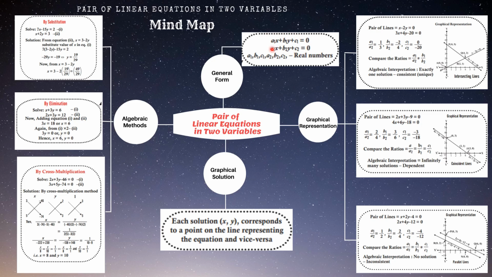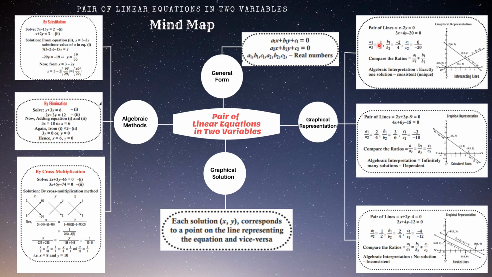If we take the ratios of just their coefficients, a1 upon a2, b1 upon b2 and c1 upon c2, based on the relationship that they have with each other, we can conclude whether this pair of linear equations will give us just one solution, or infinitely many solutions, or no solution at all.